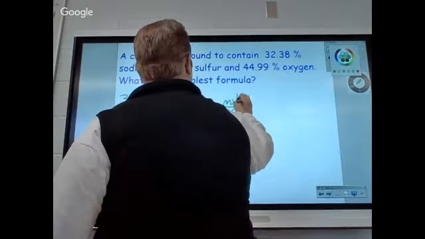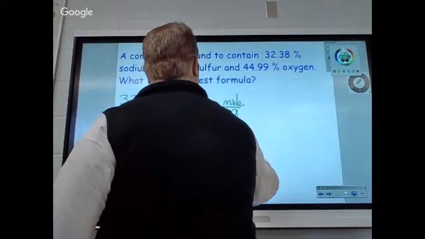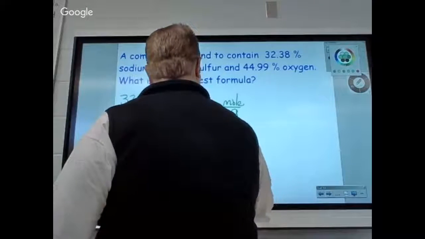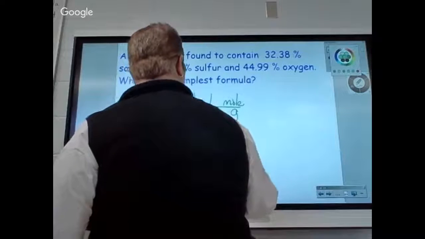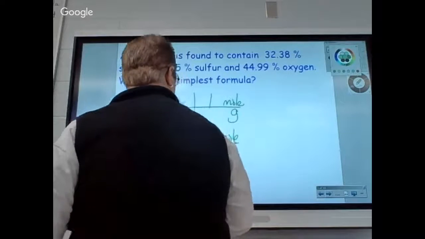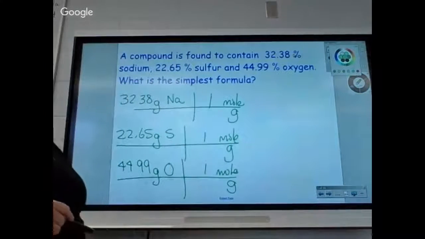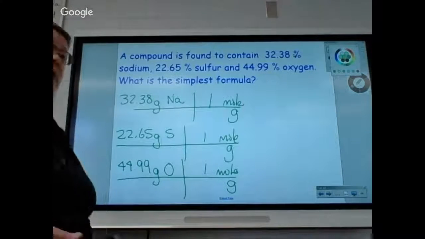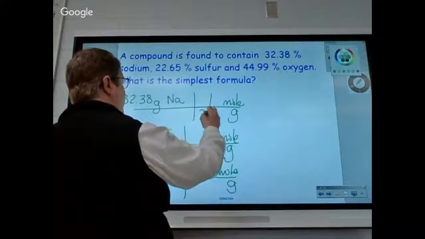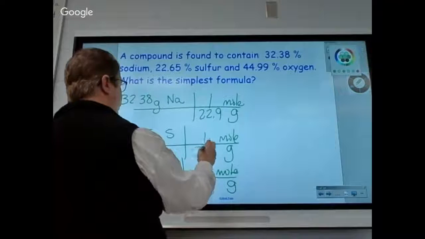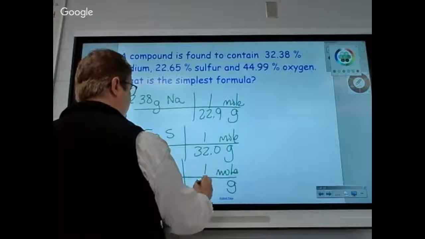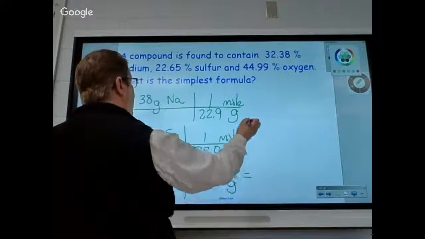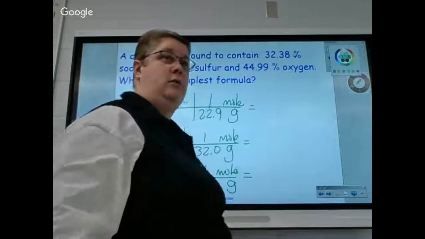What goes beside mole? What do I put beside grams? From the periodic table, right? So 22.9 and 16. Anybody lost by how we filled in those parts?